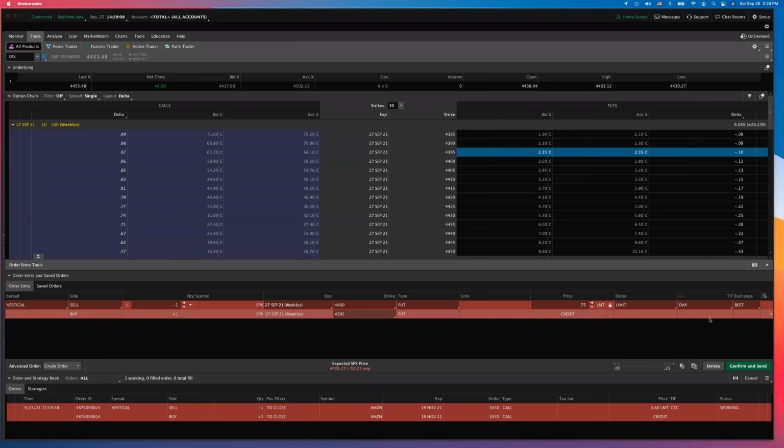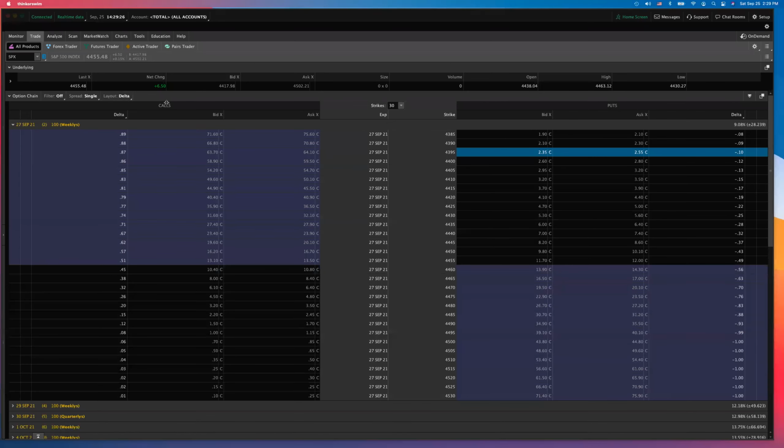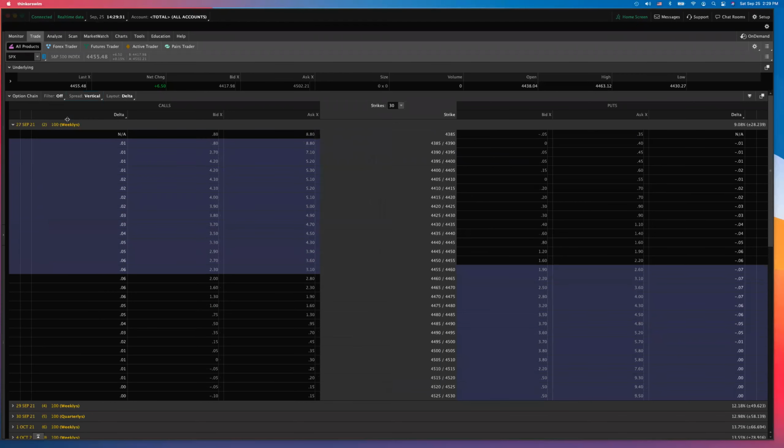That is how you do it manually. Look at what I'm doing here. If you can follow my cursor, I am selling the 4,400 and I am buying the 43.95. You with me? If I were to do this the automated way, I would simply go to spread, vertical.